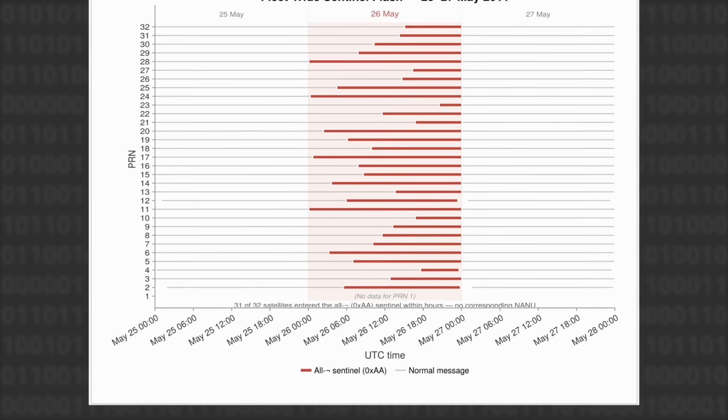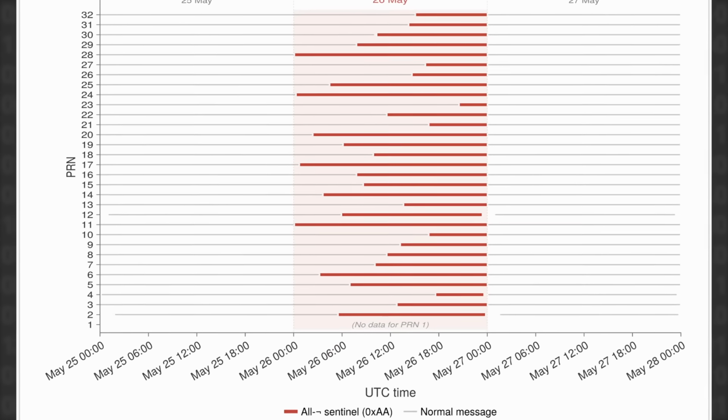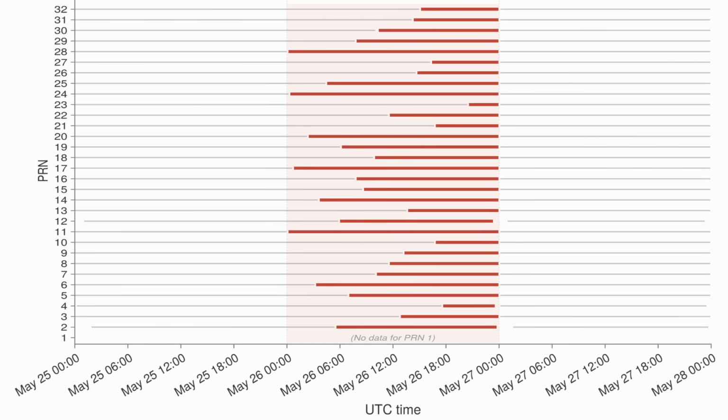At exactly midnight on the beginning of May the 27th, they then switched into sending, again, random data, but random data faster than before. So this was obviously a big event in GPS.